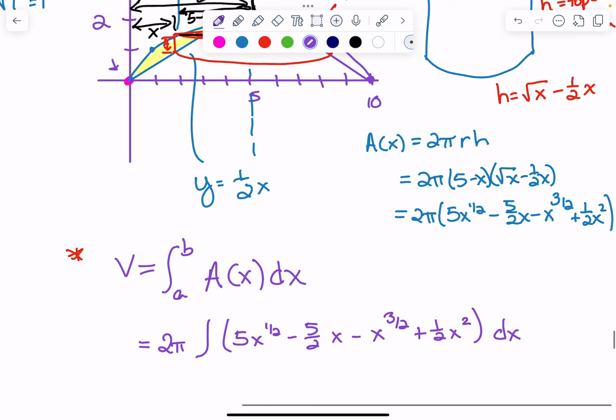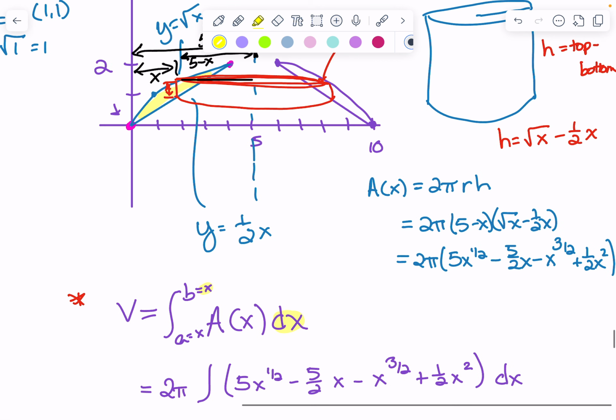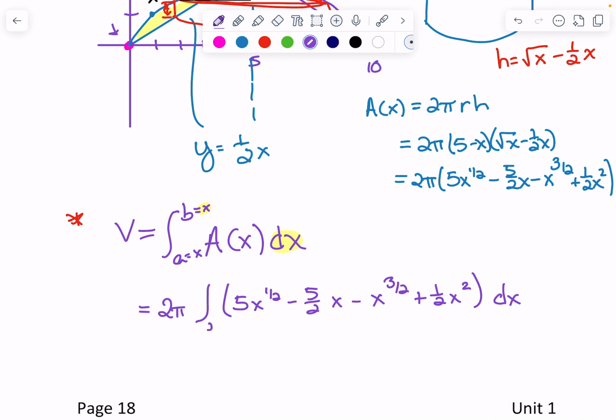All right, limits of integration. Again, these are in terms of x because they have to match this dx. I'm only looking over here on this side, only the shaded region, for my limits of integration. So I'm going to go from x equals 0 all the way up to x equals 4.